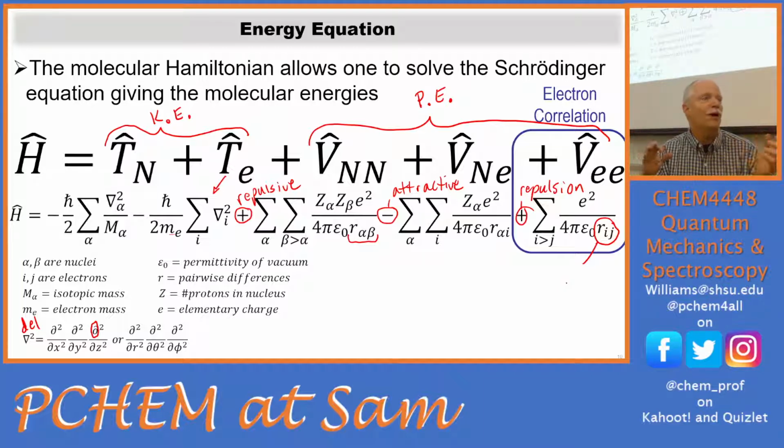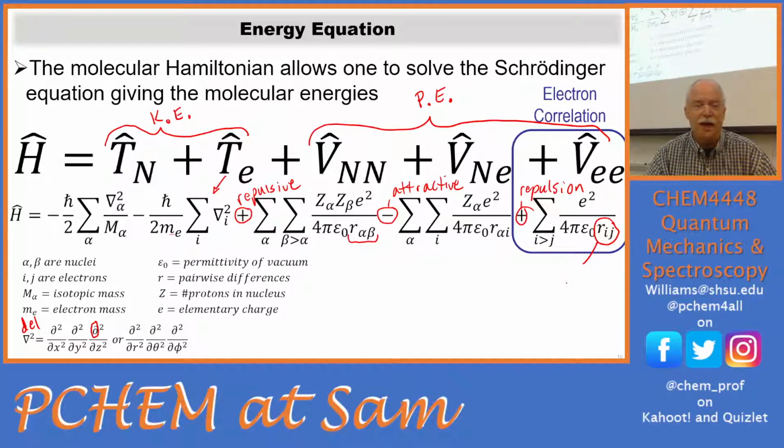And so we only have probabilities of where the electrons are. We don't have the position of the electron. Now we can treat it maybe at its most probable spot, but the other electron may not be at its most probable spot. So how do we calculate this term? We don't know. This problem's never been solved.